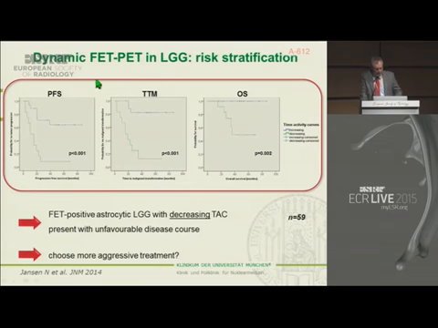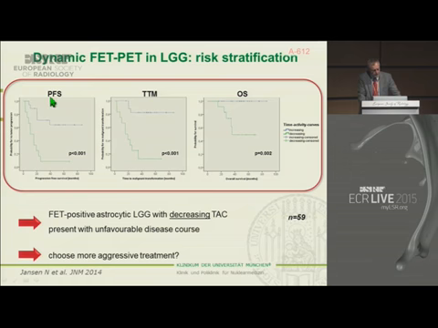These dynamics are not only of academic value, they have a very good potential for predicting the course of this disease, and you can use them for risk stratification. If you have a histologically confirmed low-grade glioma which behaves according to the kinetics like a high-grade glioma, this presents an unfavorable disease course.